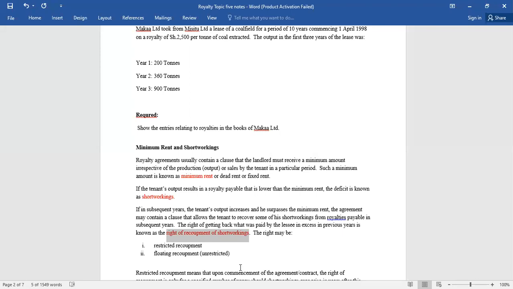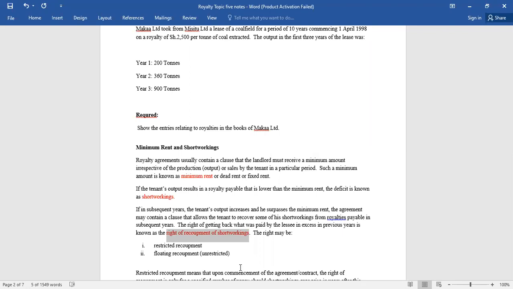In other words, shortworkings recoverable should be carried forward, because in future, should we have an overrun on what we are now calling the surplus, we are going to recoup depending on the lease agreement.